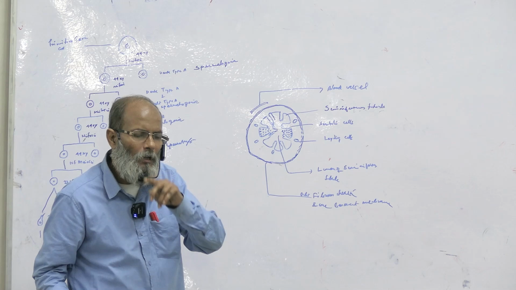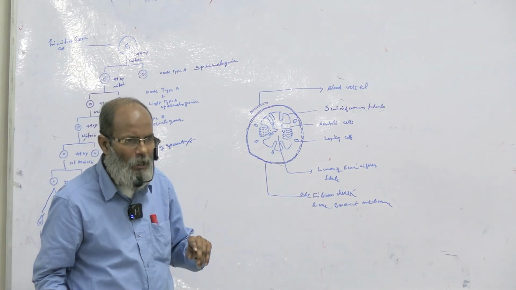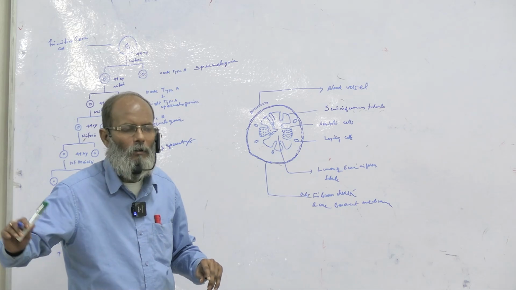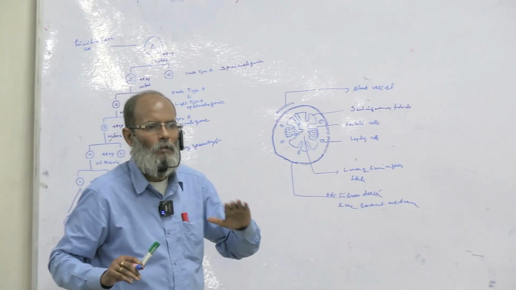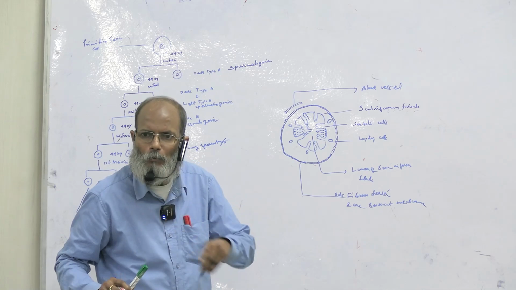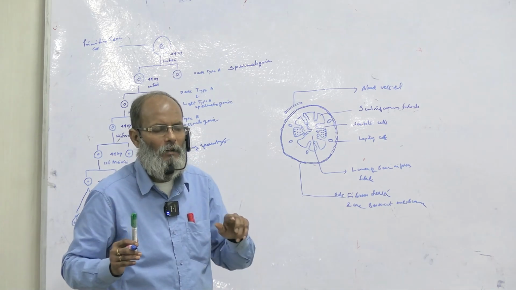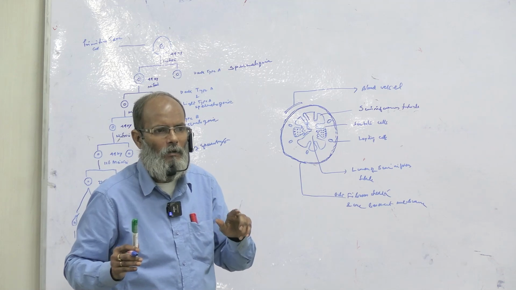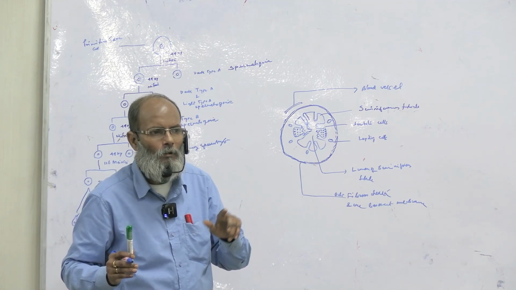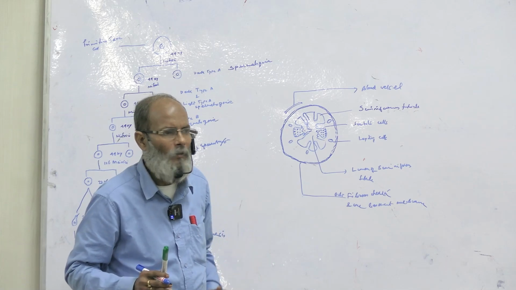Above the basement membrane there is a series of epithelial cells. So inside the thick fibrous band enclosing the tubule lies a basement membrane on which lie several layers of epithelial cells.